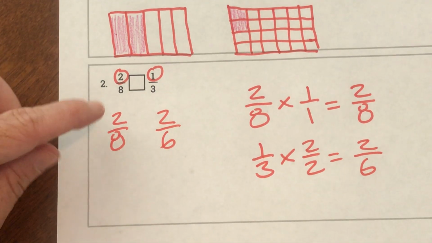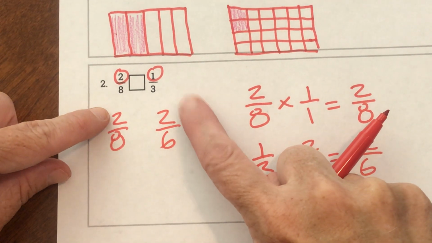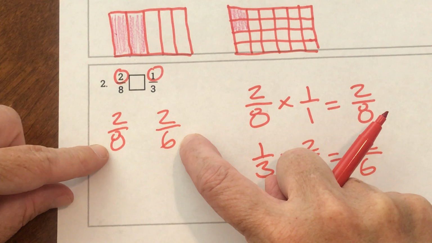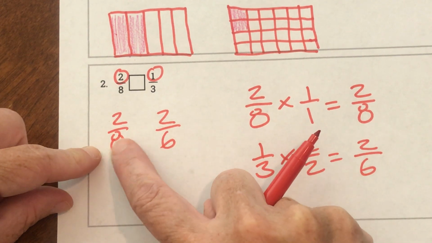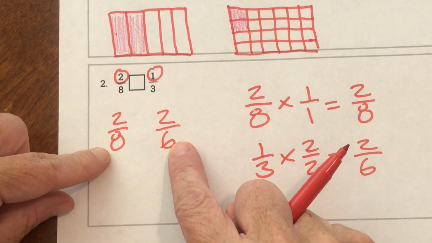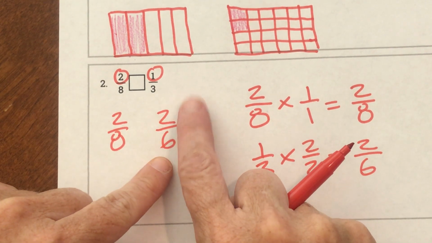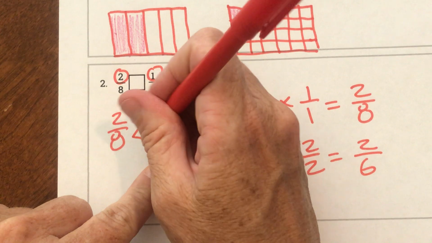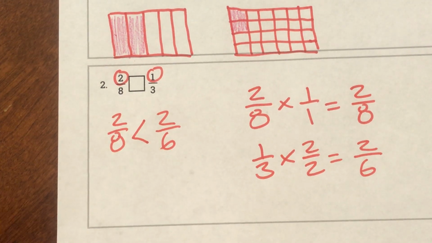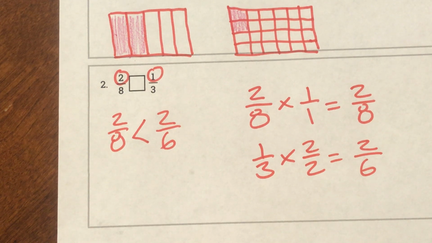So in both of these you have 2 slices. Which one has larger slices? Picture a cake. This cake was cut into 8 pieces and this cake was cut into 6 pieces. So wouldn't these slices be larger? So 2/6 is larger than 2/8 because the whole was partitioned into less slices, which means the fractional parts are larger.